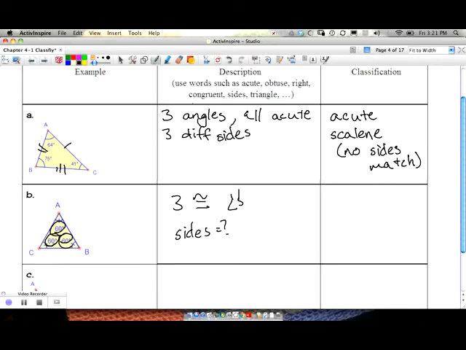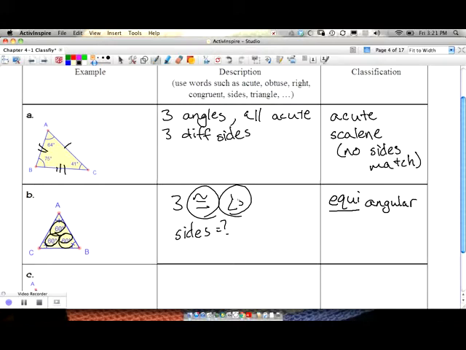And this is kind of an interesting thing because when we talk about this type of triangle, we're going to call it equi, as in the same, angular. So we got equiangular. All right, and why is it equiangular? Because the angles are all the same, or they're all congruent.